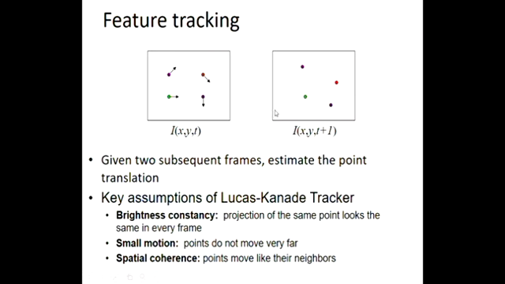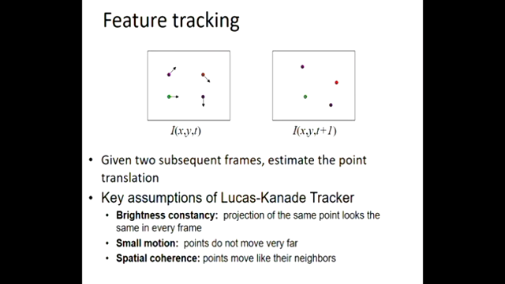There are some key assumptions that we're going to use to be able to track these points. The first is called brightness constancy, the assumption that the projection of the same point looks the same in every frame. In other words, the pixel intensity of the point that we're tracking won't change between consecutive frames. That's a really crucial assumption that we'll rely on.